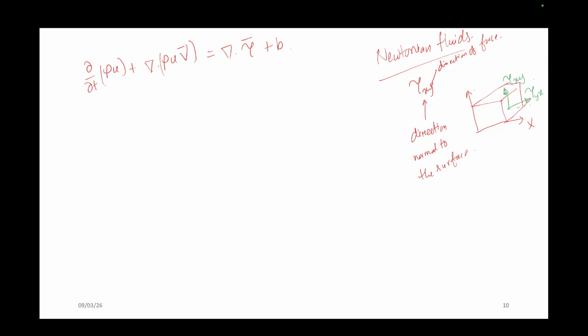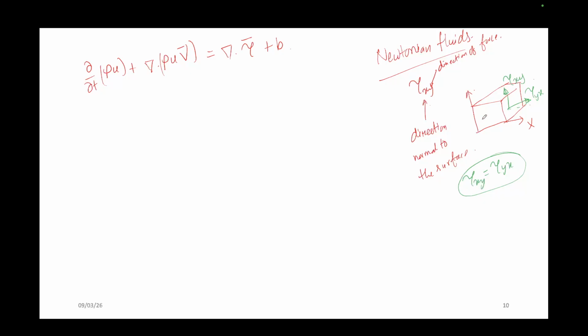If the magnitudes of both these are equal, then it is a Newtonian fluid. You got it? So tau xy and tau yx should be equal for a Newtonian fluid.